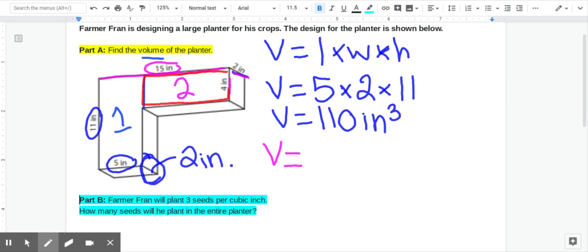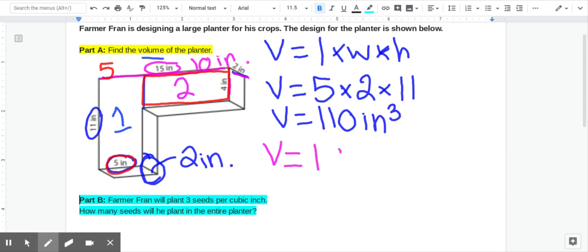Figure 2 is just this part now. So what I'm going to do, I need to figure out what that section in red is. And I know this part right here is 5 inches because I can see that right here. So if I just subtract the 5 that we don't need, I will have our new length, which is 10 inches.